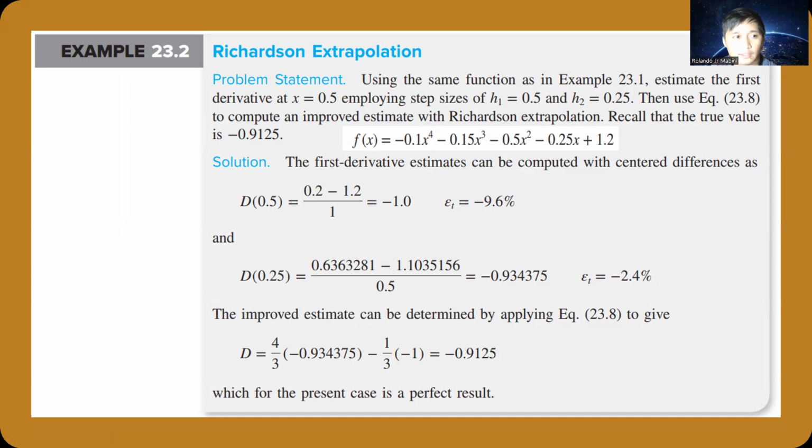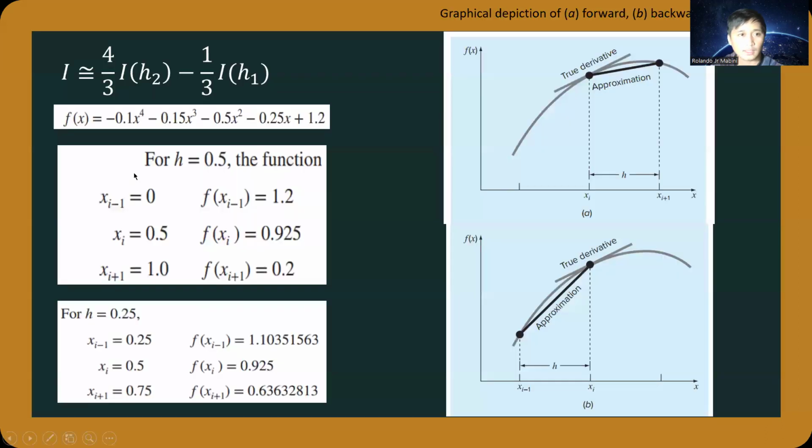So I just copied the values given for the function, this f of x here. I also copied the values that were computed.